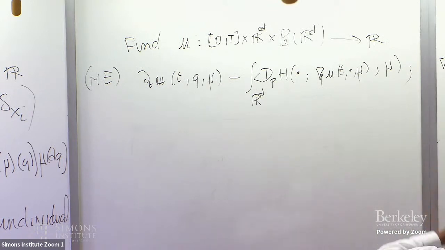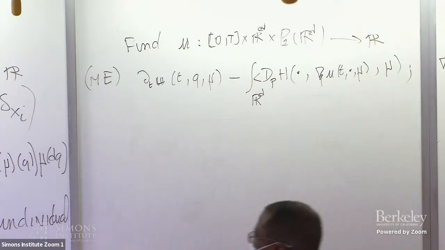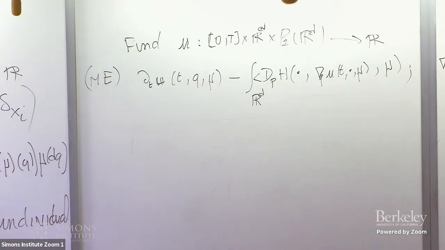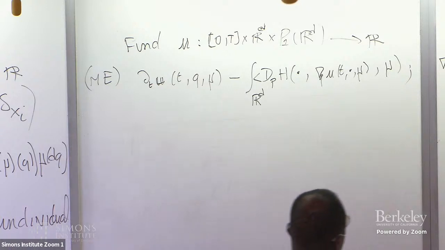So this is the directional derivative term. And I need to say something. This computation I made was for a function depending only on μ. Now, if I have a function depending on q and μ, it is going to introduce some extra terms.